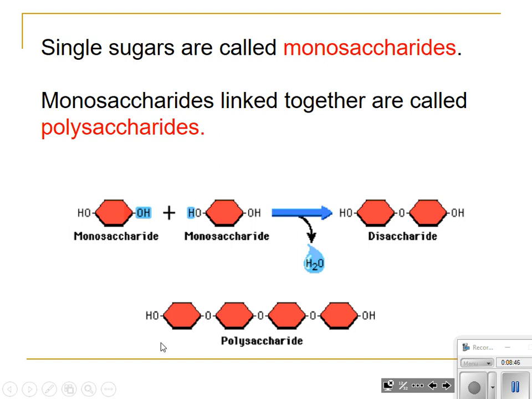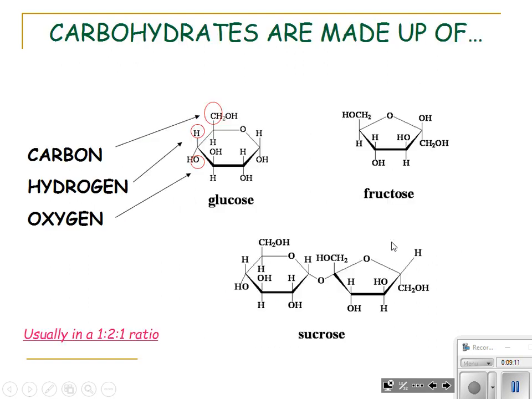See, how many right here are linked together? How many monosaccharides are linked together there? 4 of them, right? So that would be a polysaccharide. Many. Monosaccharides are 1. Those are the monomers right here. And disaccharides are 2.